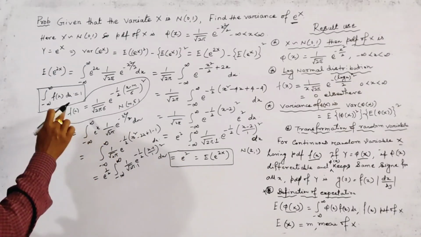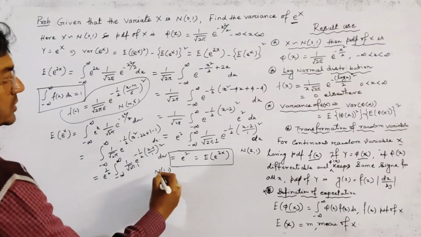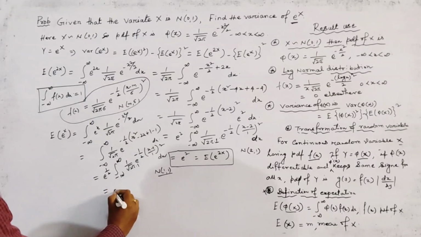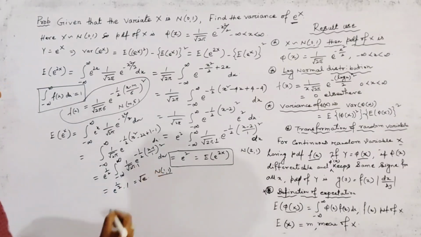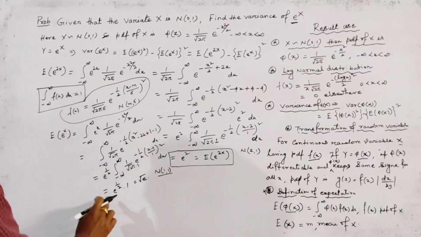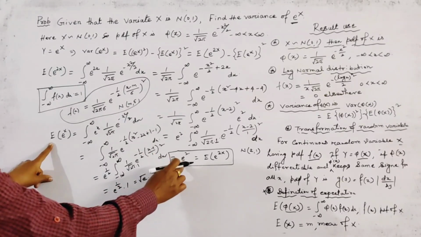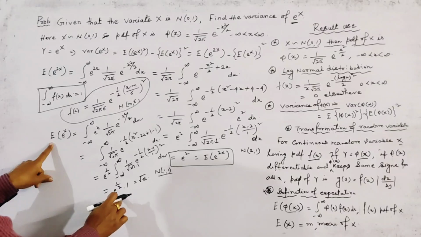By using a similar argument, this is nothing but the normal 1 1 distribution, because m is 1 and sigma is 1, so this is e to the power half into 1, so we get root e. Now we put the two values. The value of expectation e to the power 2x is e square, and expectation e to the power x is e to the power half.